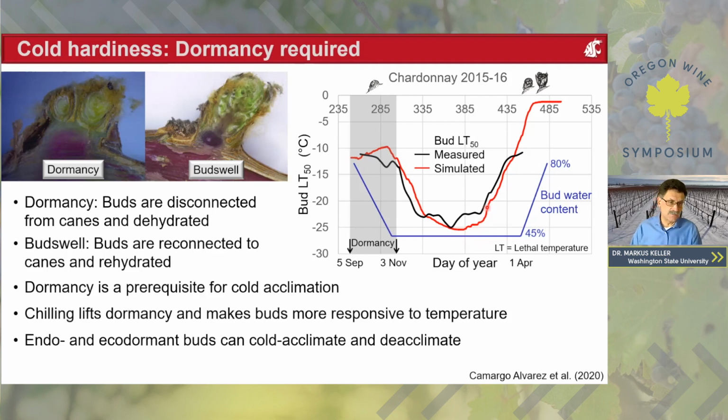And as it gets warmer again at the end of the winter and into spring, that hardiness is lost again. So an ecodormant bud is responsive to temperature. An endodormant bud, much less so. But you have to go through that endodormancy process for the bud to be able to really acclimate to cold.